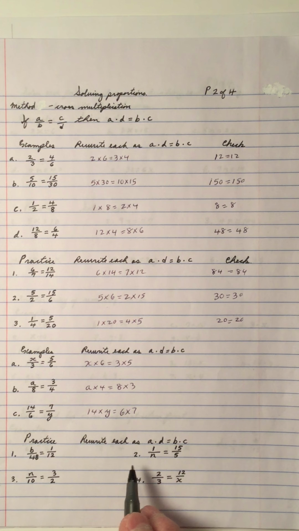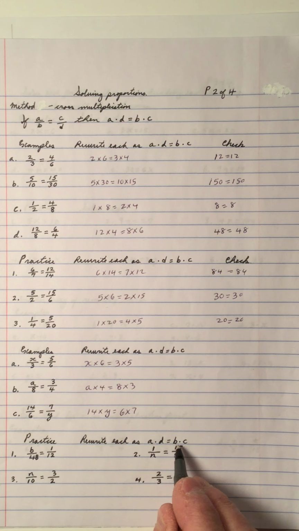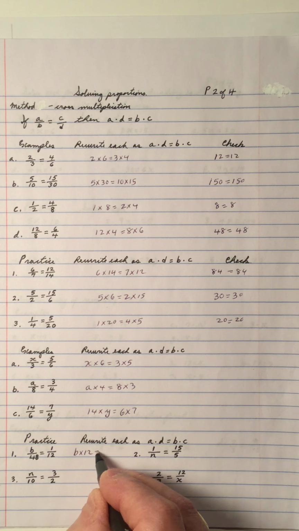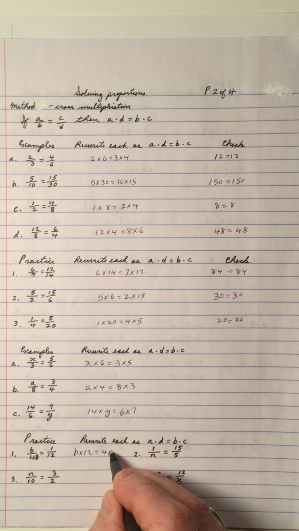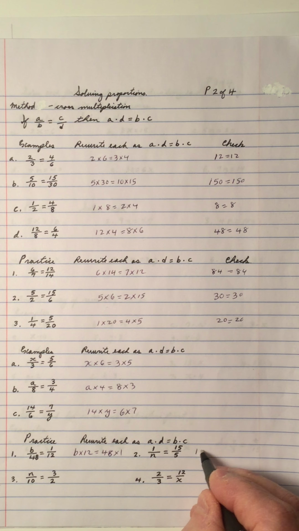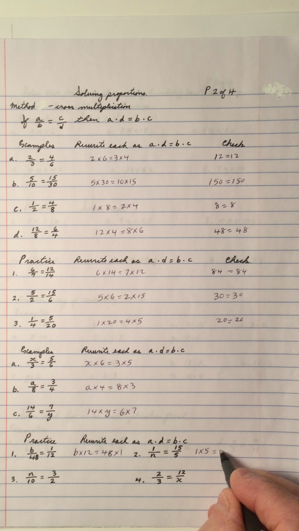Practice. Work these out. Pause your video and see if you get the answers right. Rewrite as A times D equals B times C. So b times 12 equals 48 times 1. Number 2, 1 times 5 equals n times 15.